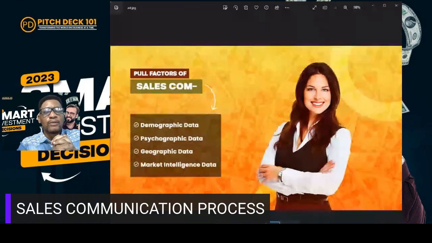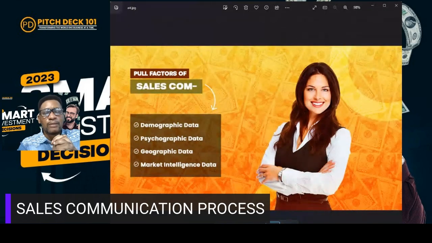And this is so important, because very often you have an assumption of who your target market is, an assumption of what their psychographic data are, and you also have an assumption of where they are geographically located. And because you're doing everything based on assumption, it is undermining your potential to make sales with clinical precision.